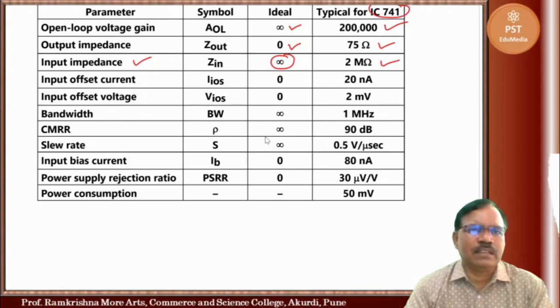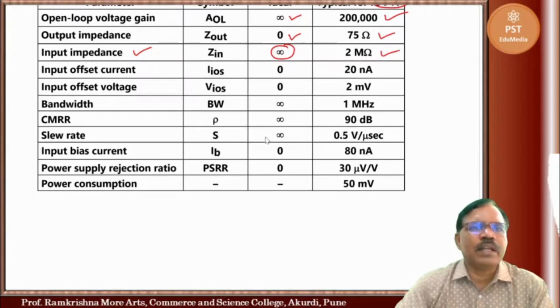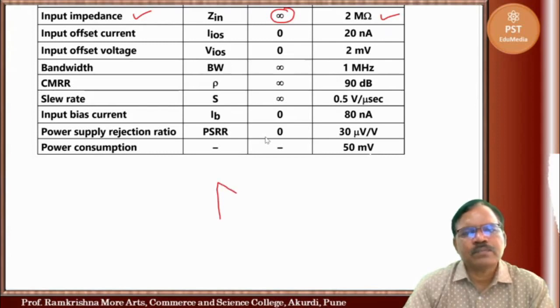Input offset current. Now what is input offset current? Input offset voltage. Input offset current means, suppose we have an operational amplifier. These are two inputs, V1 and V2, and here we get output V0.